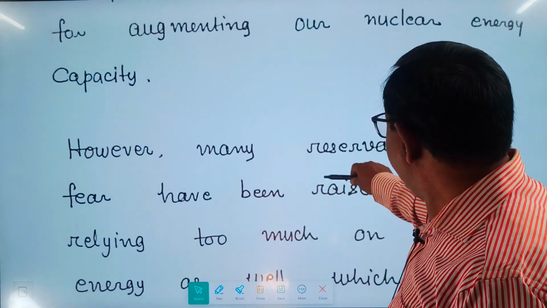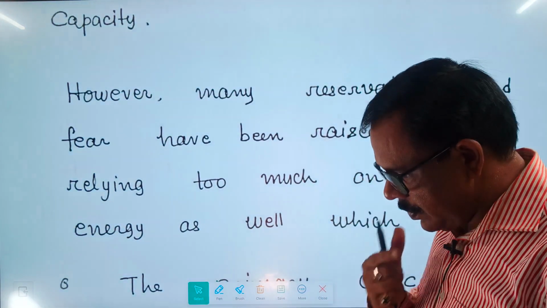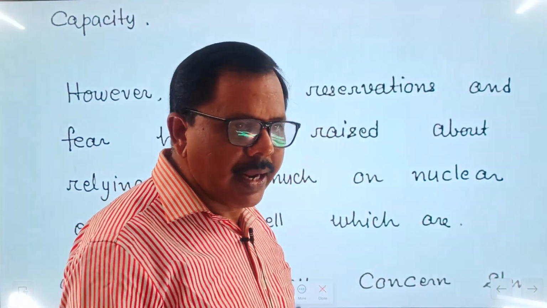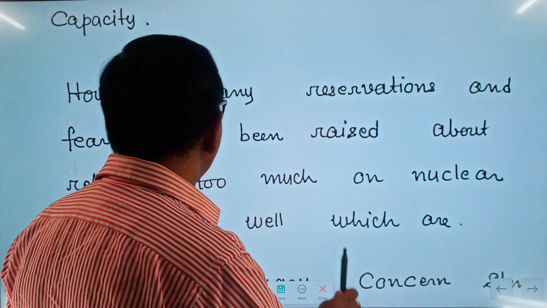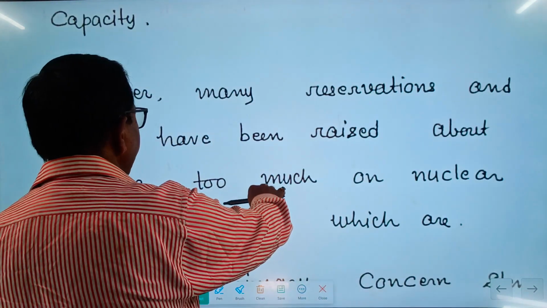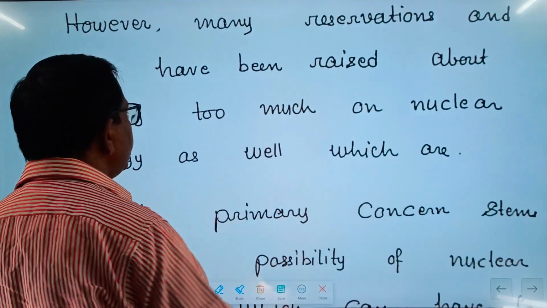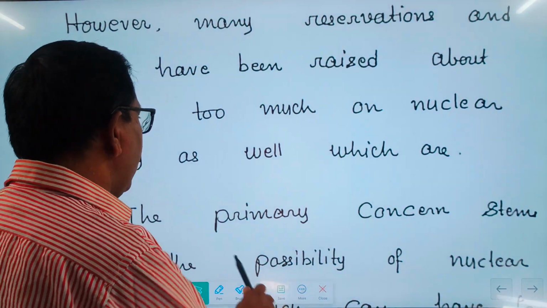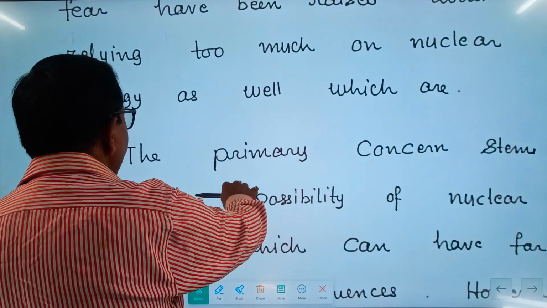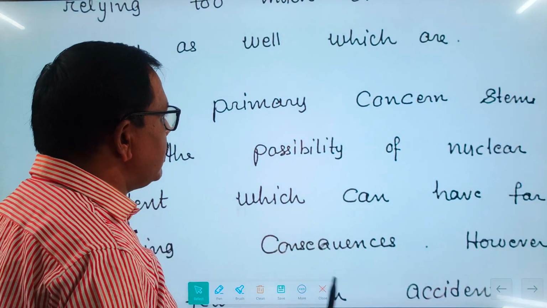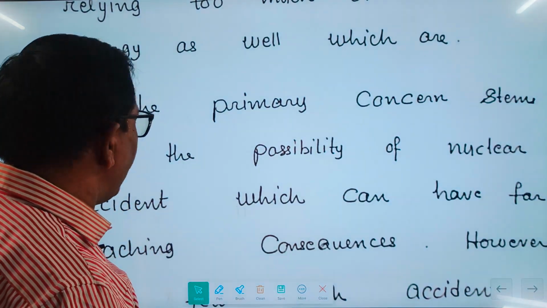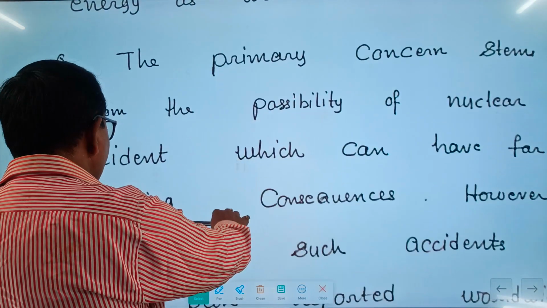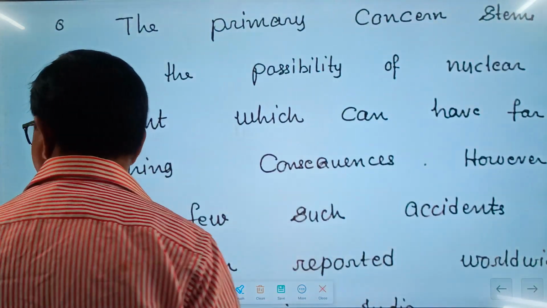However, many reservations and the fear: the second part of your answer starts from here. You write, however, many reservations and fears have been raised about relying too much on nuclear energy as well. What sort of fears? The primary concern stems from the possibility of a nuclear accident which can have far-reaching consequences.